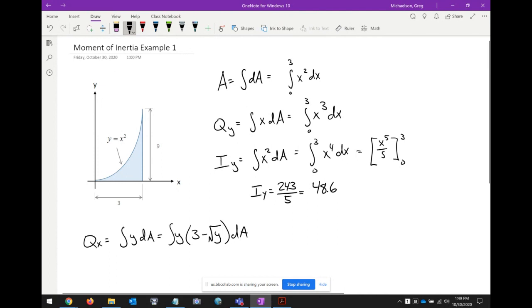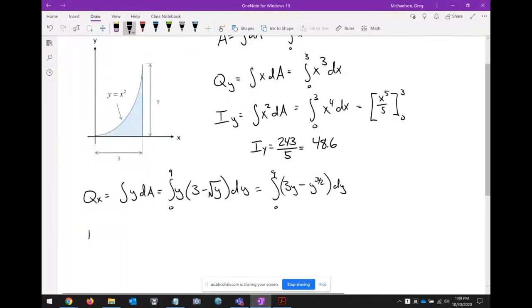Because we had to integrate with respect to dy, from 0 to 9. So that was the integral from 0 to 9 of 3y minus y to the 3 halves. We're going to do the same thing here. It's just another y term. So the moment of inertia with respect to the x-axis, instead of the integral of y, is the integral of y squared, from 0 to 9.